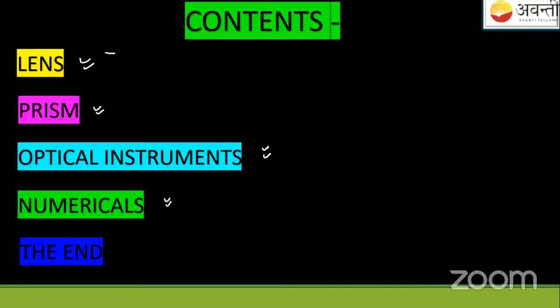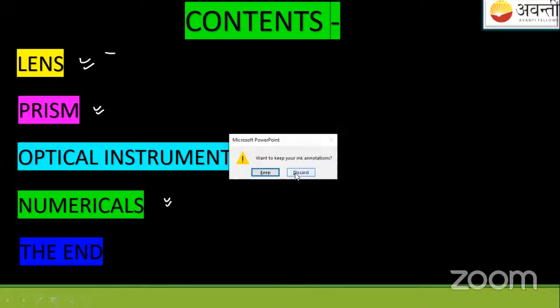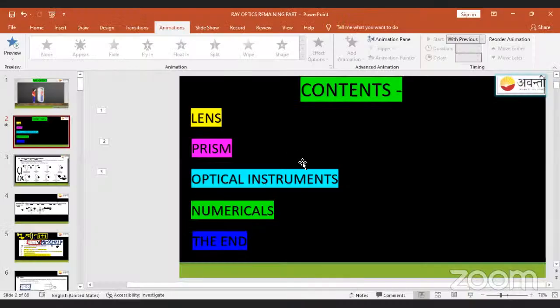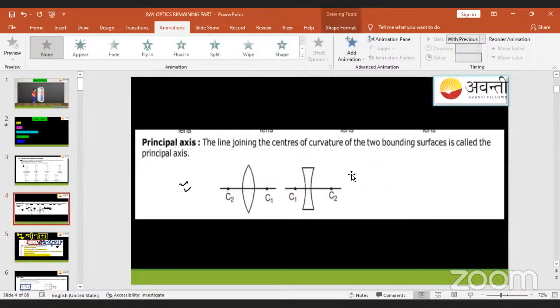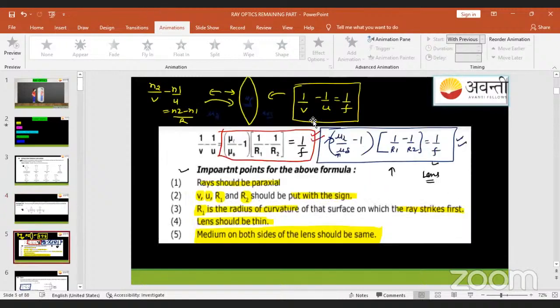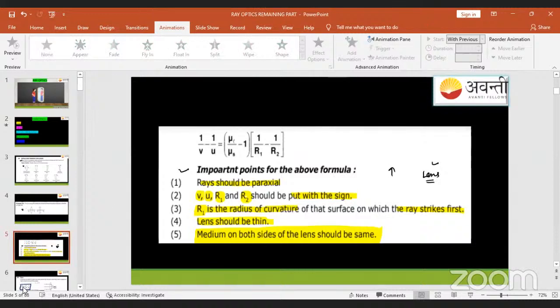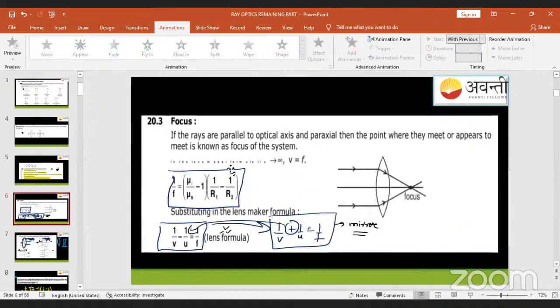Before that, let me erase some of the things there, because from your previous class, the students have completed their lenses part. So I'm removing it. I thought that you people had completed it already, and you haven't replied to me about this.